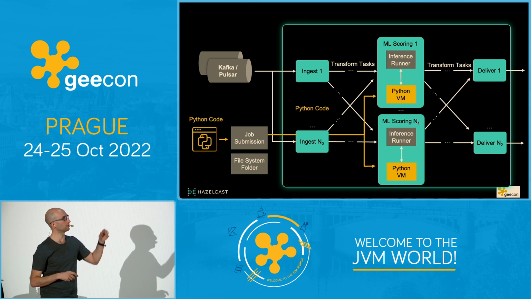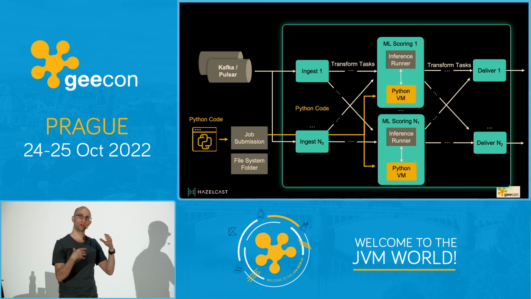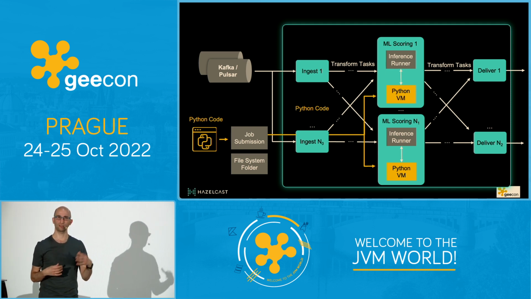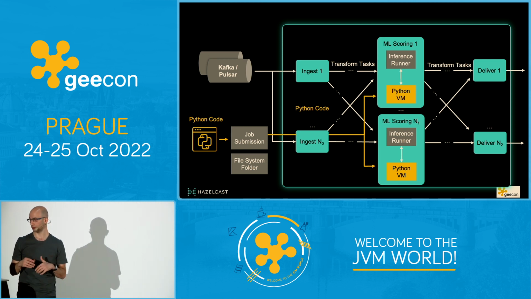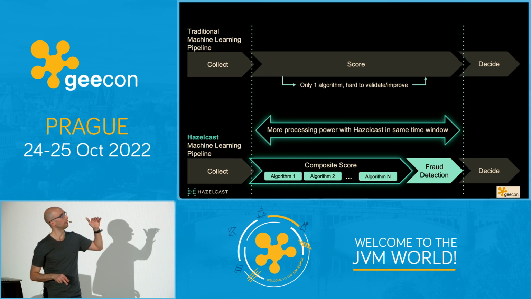And here you can basically mix and match between your input and processing as well as output. For example, the first ingest you can direct to a second machine learning score, and vice versa, and you can also deliver it to multiple outputs. So the platform itself allows you to do so.